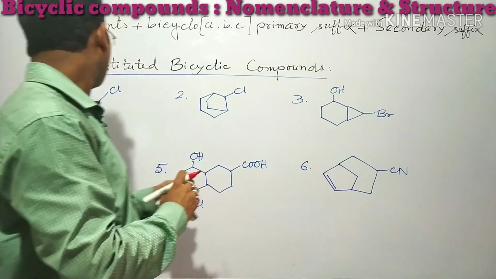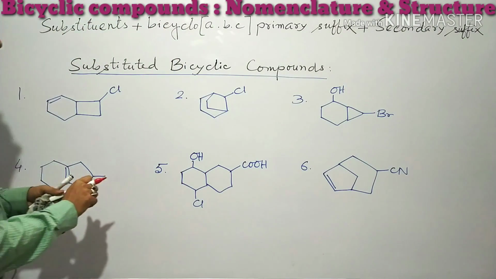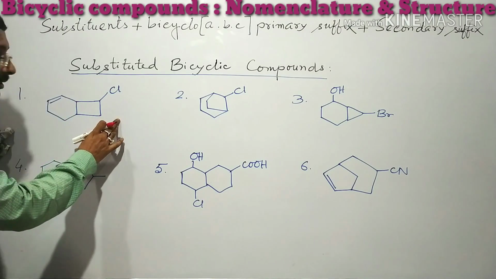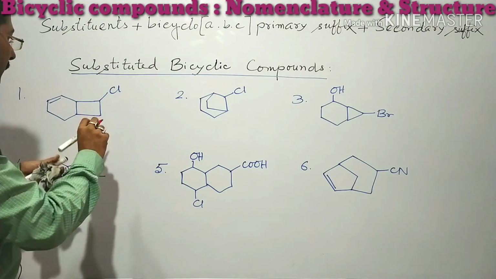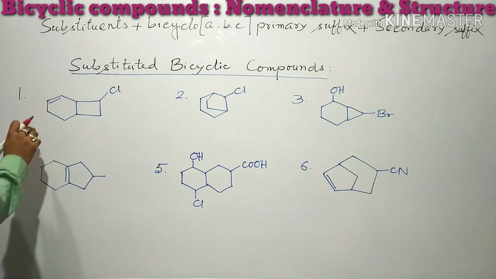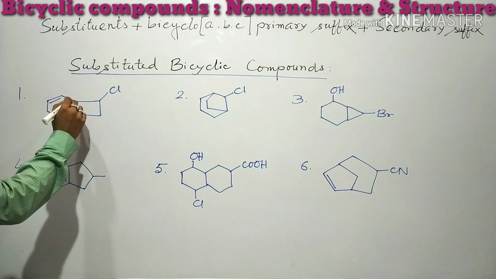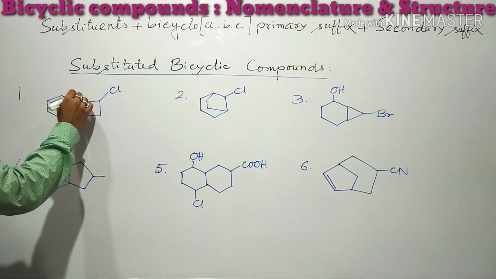Now let us take some examples of substituted bicyclic compounds, the nomenclature of substituted bicyclic compounds. First of all you have to number the carbons present in the ring. Look at here, the rules of numbering is like that.